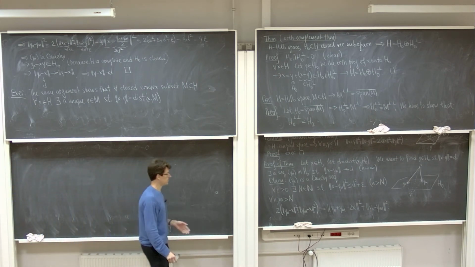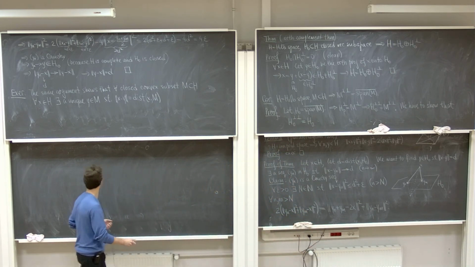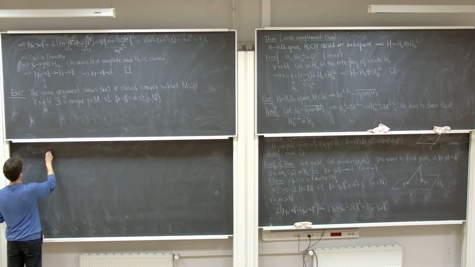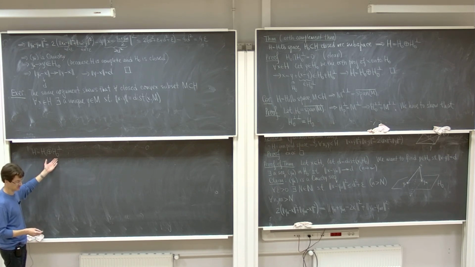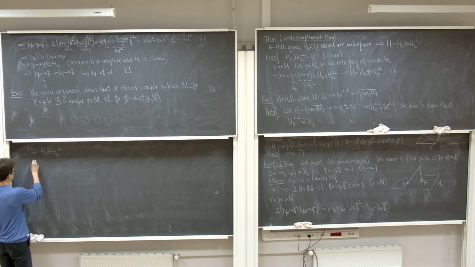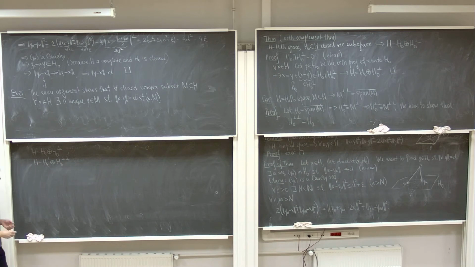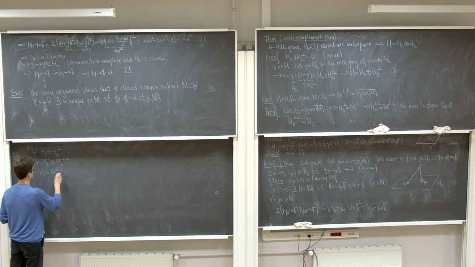Well, now to prove this equality, we apply the orthogonal complement theorem twice. First of all, we know that H is equal to the following direct sum. But on the other hand, H0 orthogonal is also a closed vector subspace. So we can apply the orthogonal complement theorem to H0 orthogonal, and we get the following direct sum decomposition. And also we know that H0 is contained in the double orthogonal complement.